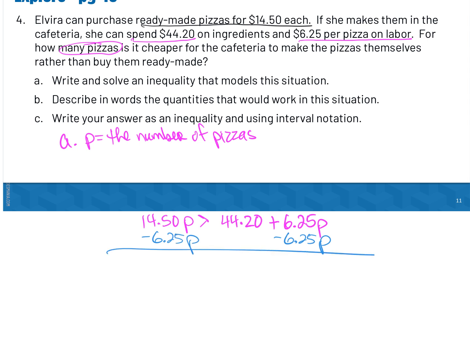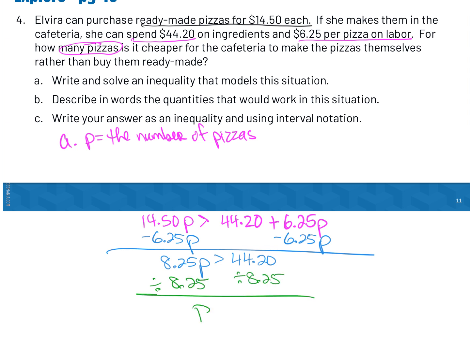So 14.50 minus 6.25 gives us 8.25 per pizza, 44.20 left over. And then we're going to divide by 8.25. So pizzas is greater than 5.35.